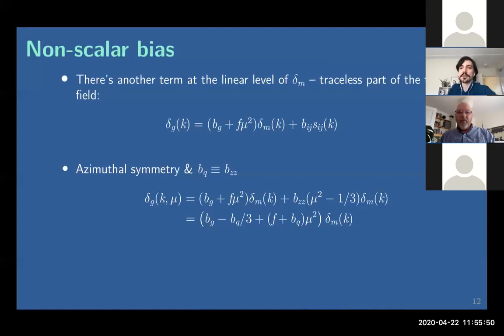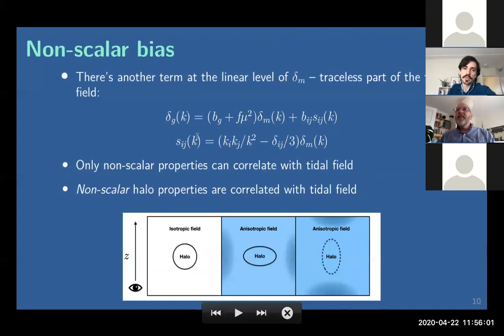S_ij is related to the density field, right? Yeah, it's related, but I don't see the leap from the top to the bottom. It's a tidal field. Go back to your previous slide. Here is the S_ij. Slow down, I have to think about that for a second. Okay, so you're substituting that in, and then you're doing something else.